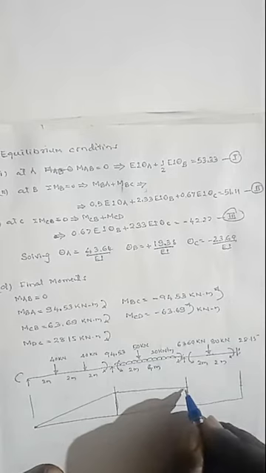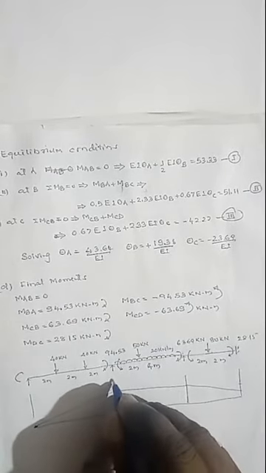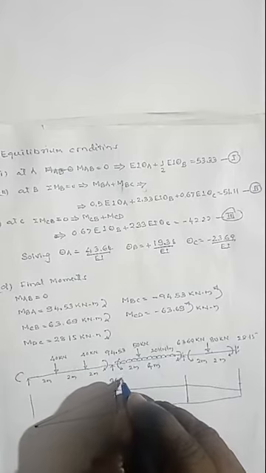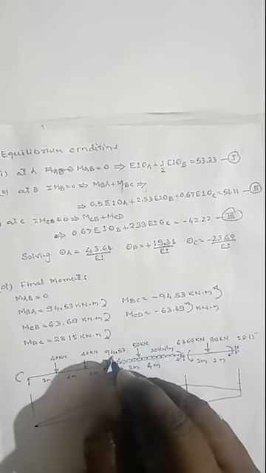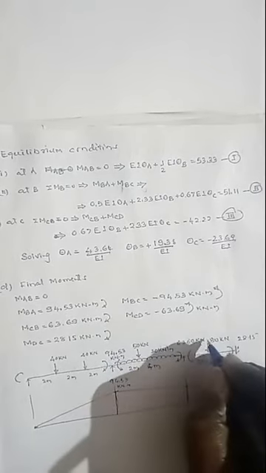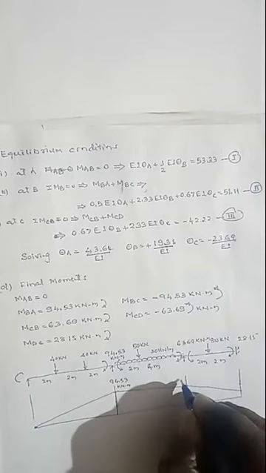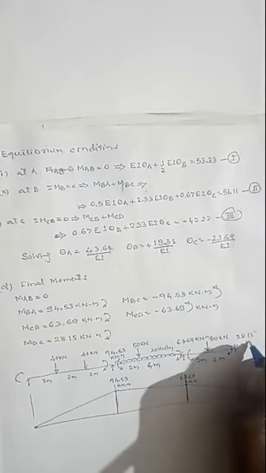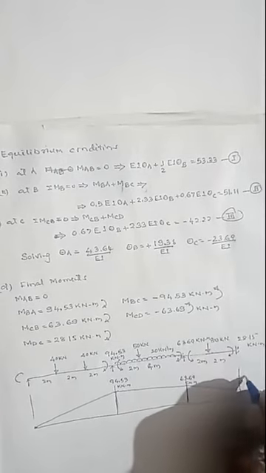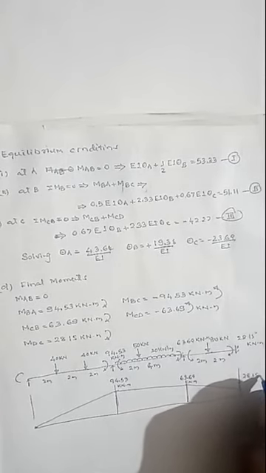Here this one is 94.53 kilonewton meter. Here I have not written kilonewton meter. Please remember to write the unit of the moment, that is 63.69 kilonewton meter. This one is 28.15 kilonewton meter.